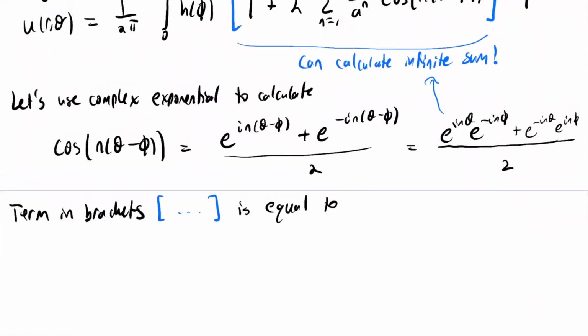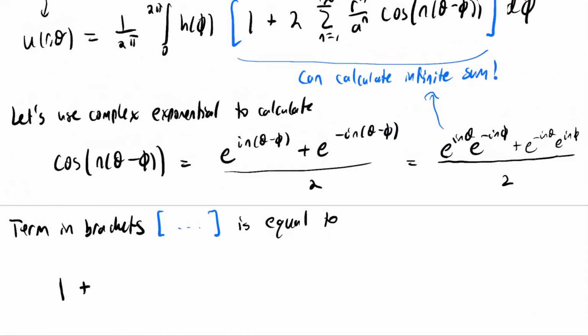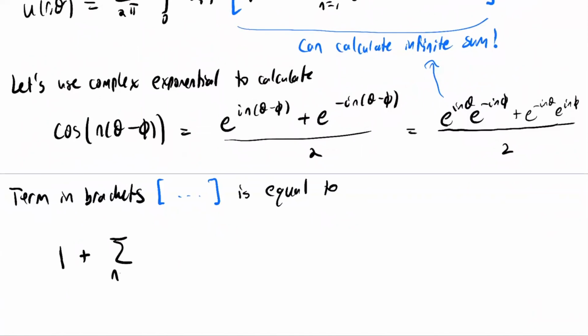So this term is equal to, well, I have 1 plus, well, notice that I'm dividing by 2 here and I have a 2 here, so those are going to cancel out. So I end up with 1 plus the sum from n equals 1 to infinity. Well, let's consider each of these terms separately corresponding to this exponential and this exponential. So I'm going to get 2 infinite sums.